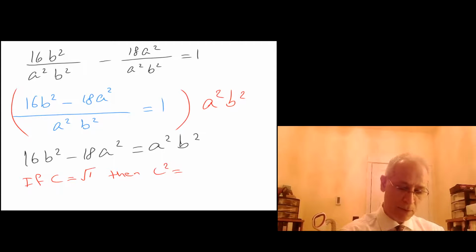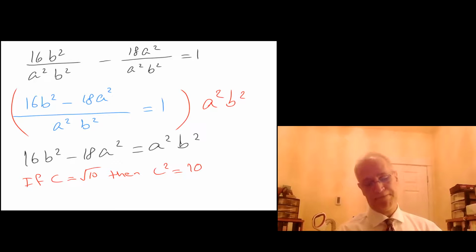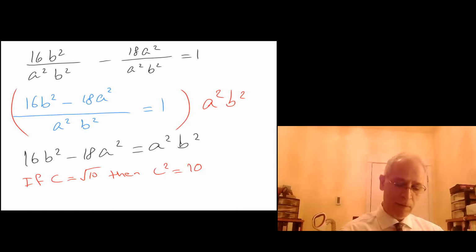If c equals square root of 10, then c squared equals 10. Now I can use the fact that c squared equals a squared plus b squared, and from here I can solve for either a or b.